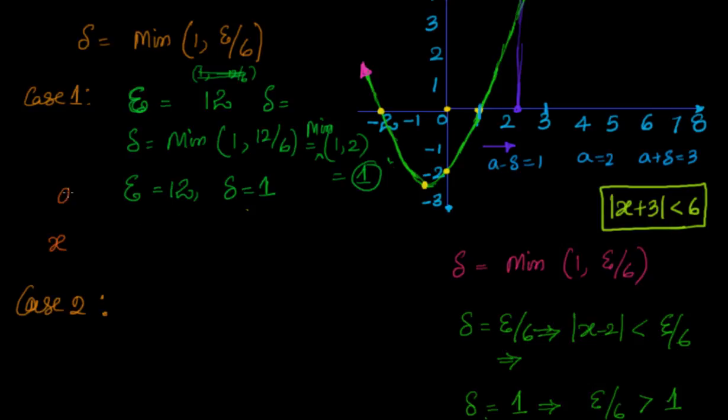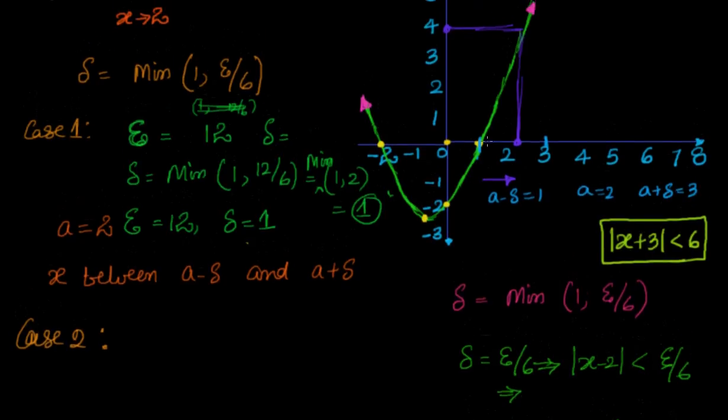Now a is equal to 2. a minus delta is 1, and a plus delta is 3. So x is between 1 and 3.